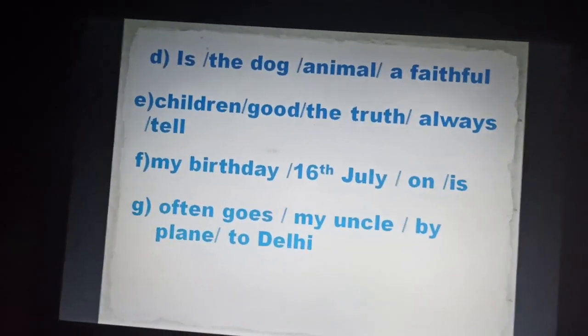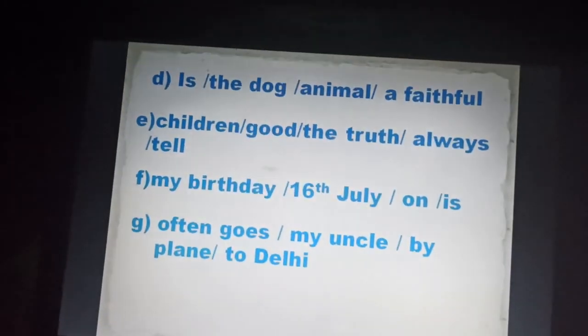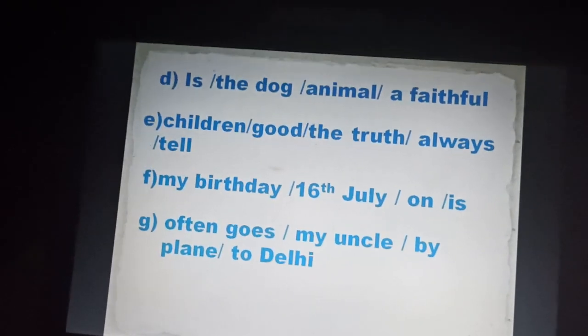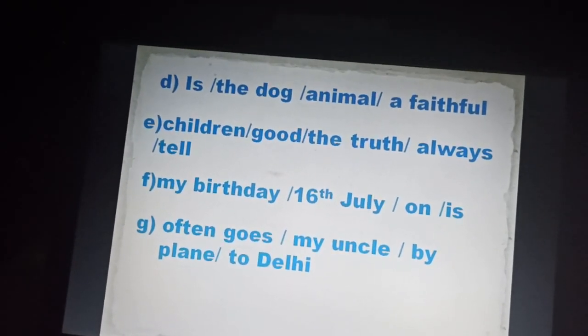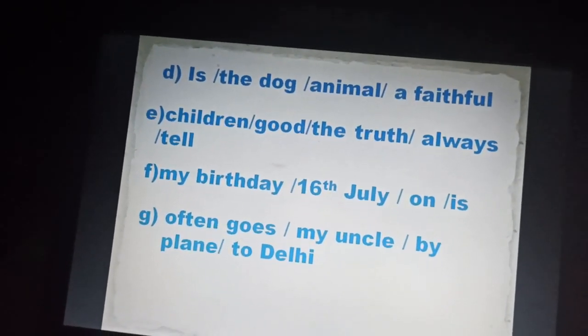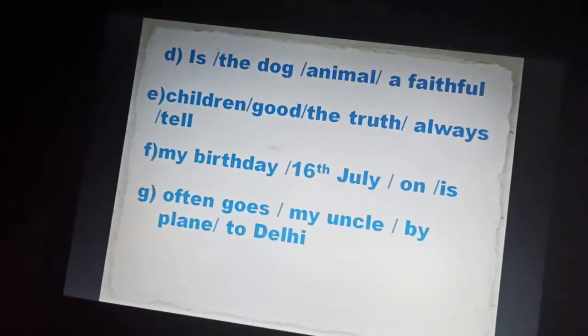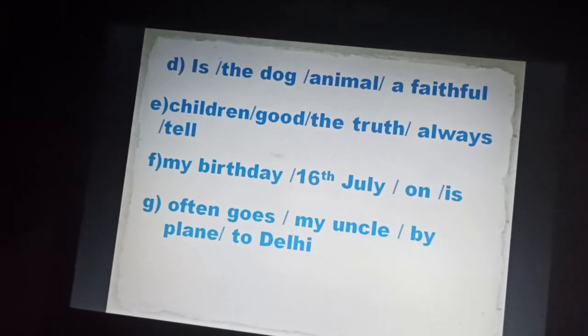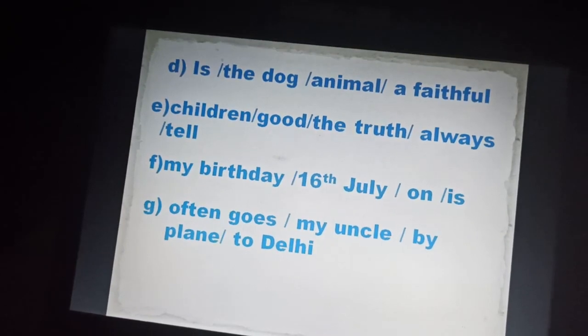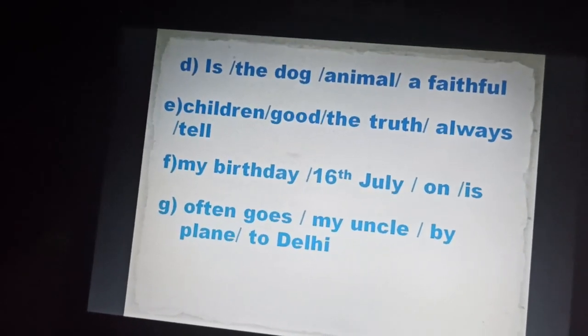Now you have to take care while making these sentences that you put the first alphabet capital, in the end or wherever it is needed you put the punctuation marks, and wherever it is needed you have to put capital letters also.